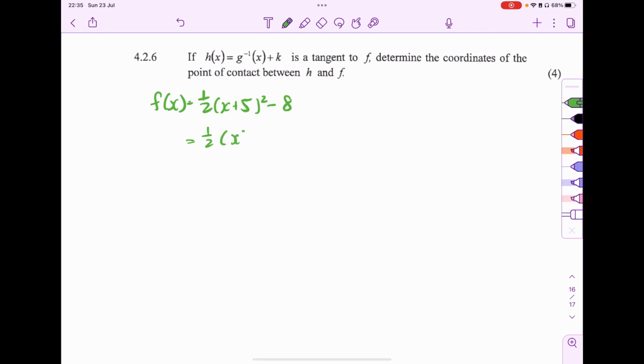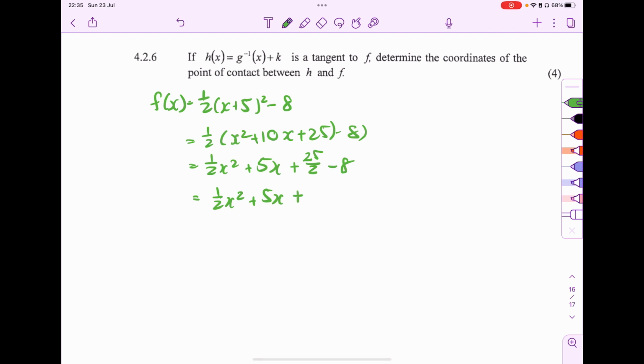Let's expand everything. And that becomes nine over two.